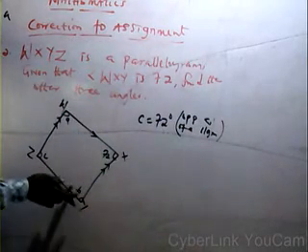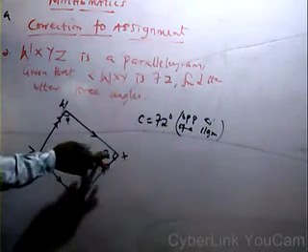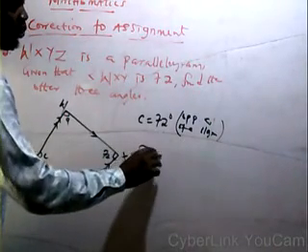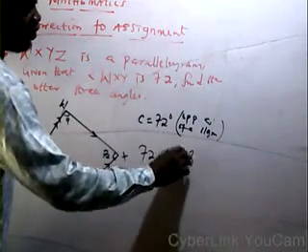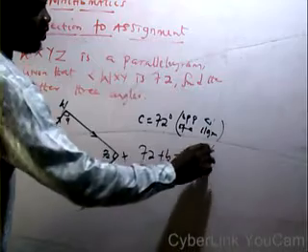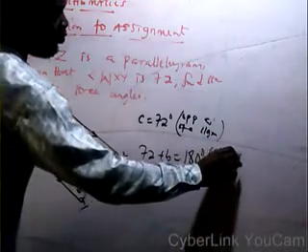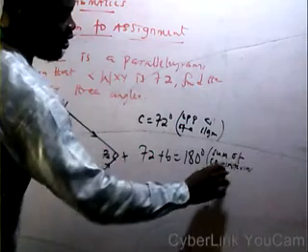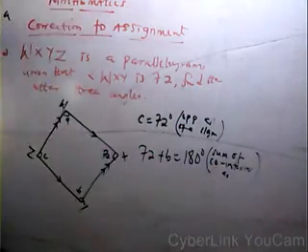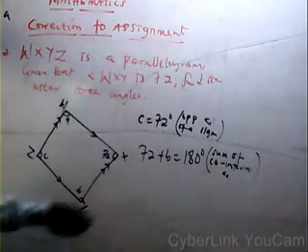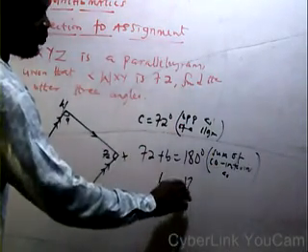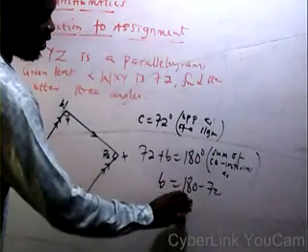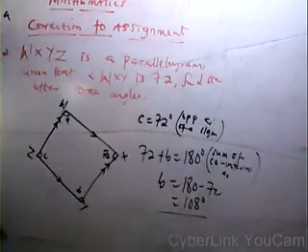Now, to know the value of B, we can say 72 plus B equals 180 degrees. Why? That is the sum of co-interior angles. So what is B? B equals 180 minus 72, and that is 108 degrees.